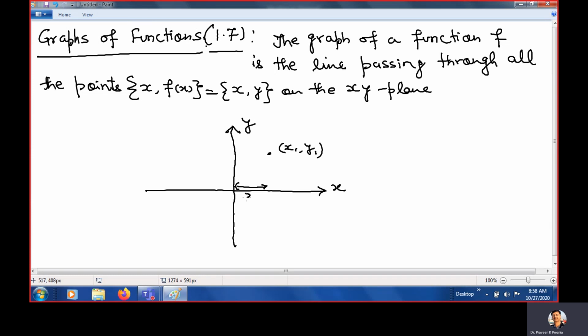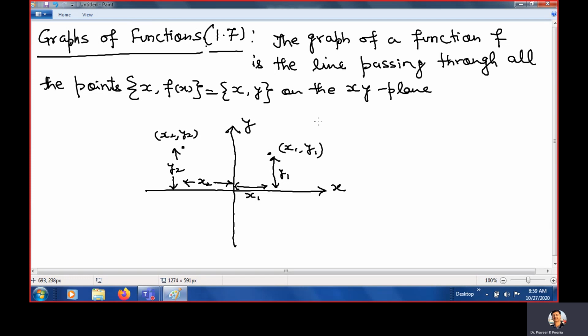This distance is x1 and this distance is y1. Similarly, if you want to draw a point here, it is x2 comma y2. So what is x2? The first coordinate is the distance covered on the x-axis, and y2, the second coordinate, is the distance covered on the y-axis. So this is how to draw points on the xy plane.